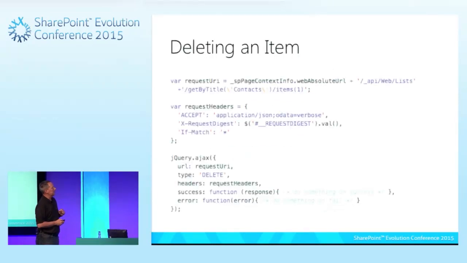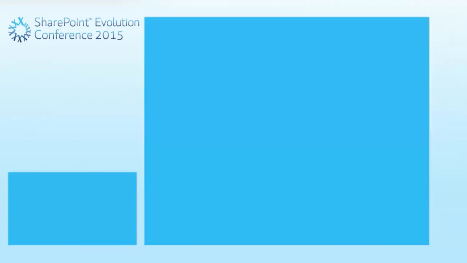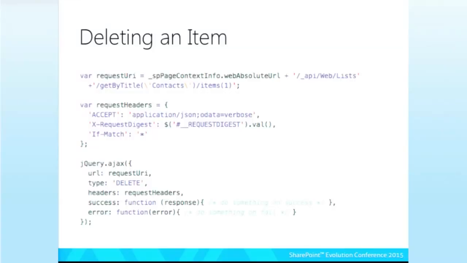The next thing, what about deleting an item? Deleting and updating have one characteristic where you can use this thing called if match. Todd talked about that earlier this week. The if match is saying, does the version on the server match the version that I'm updating? If you're updating an item, you want to make sure that you pass in a specific value there.